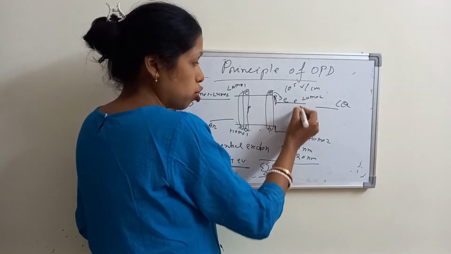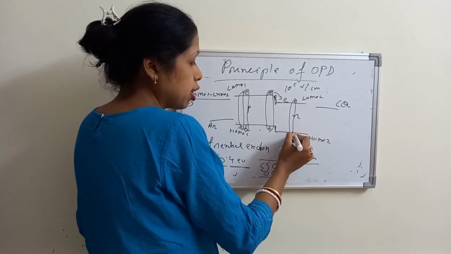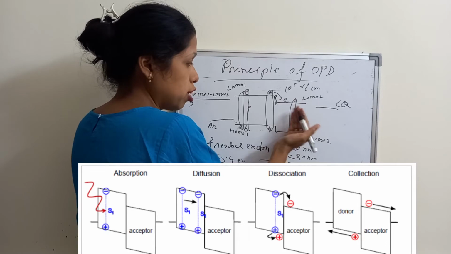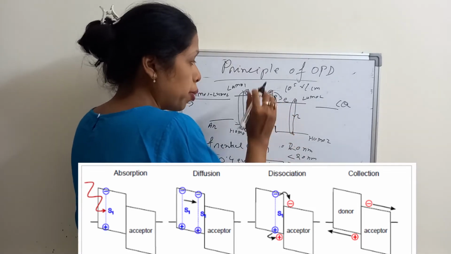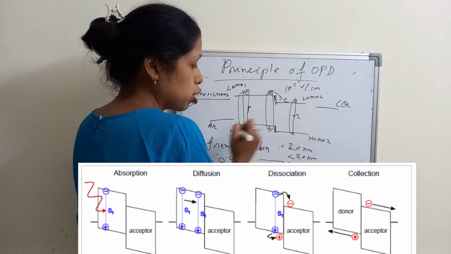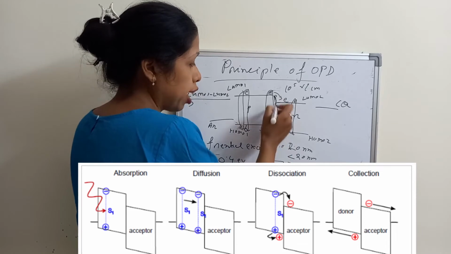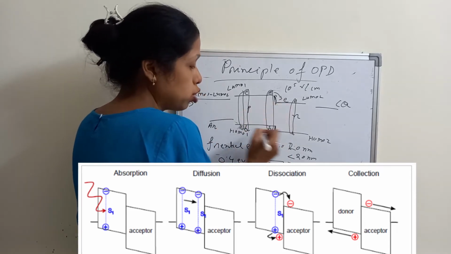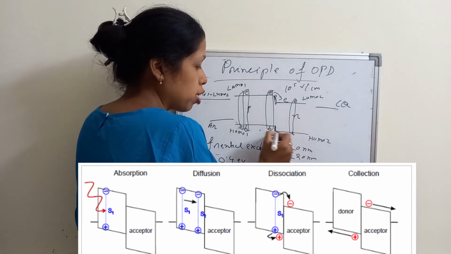If the exciton is produced in the n-type material, then it will again transfer to the interface. At that moment, to break the exciton, this energetic barrier should be greater than the exciton binding energy, so that the hole can transfer from here to here.